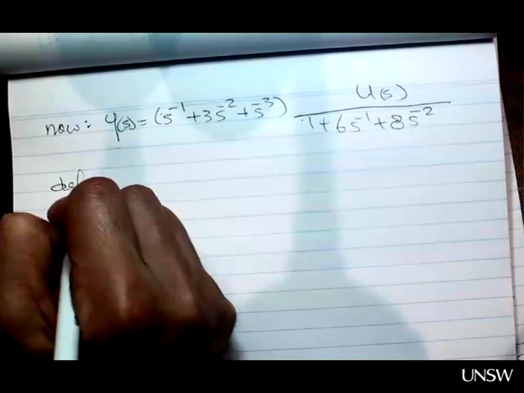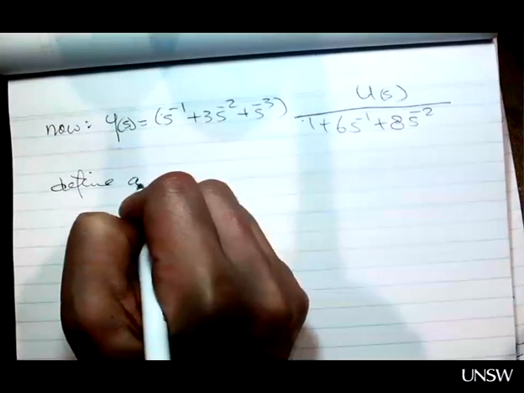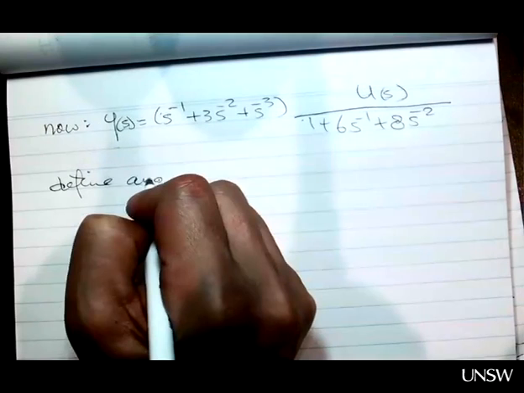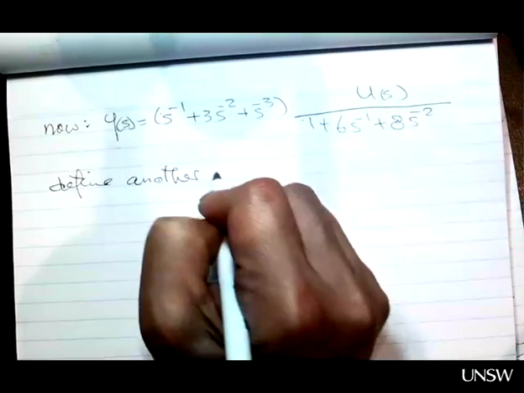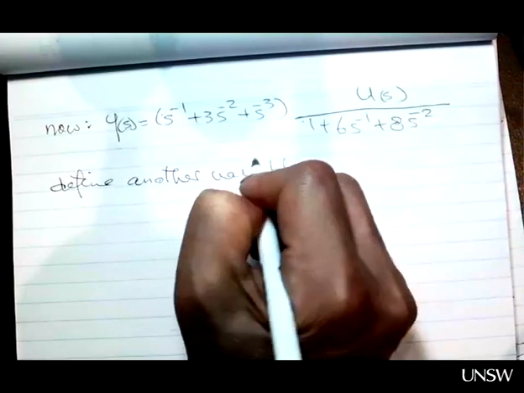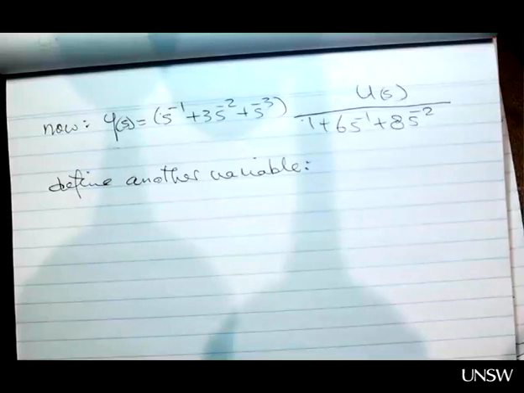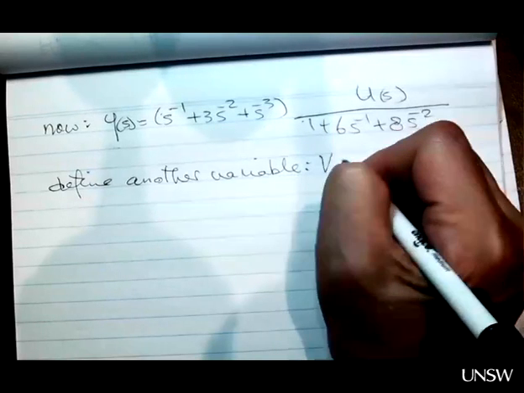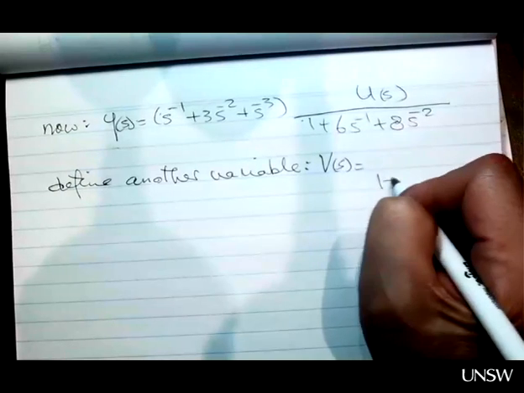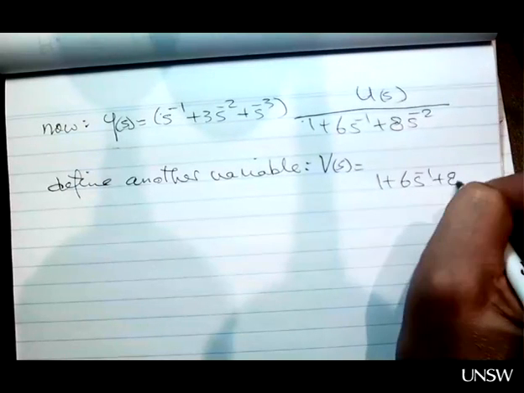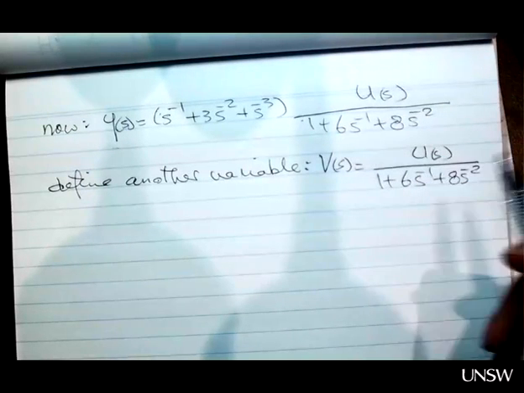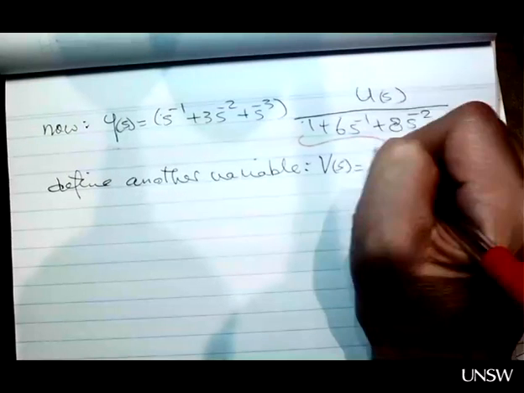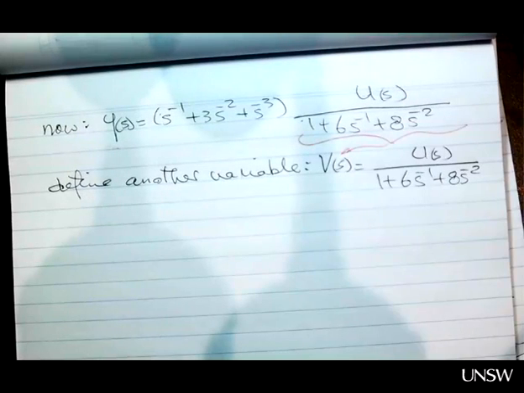Then we define another variable, which is on the right hand side, we define it as this one. Which is effectively just the second term on the right hand side of the previous equation.